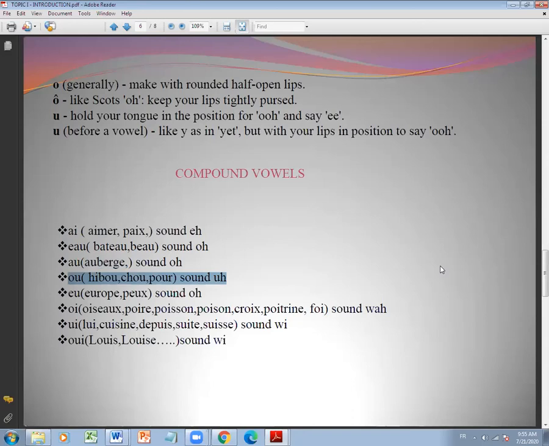So pour. Now hibou is this bird which is always associated with, I don't know, what do we call it? What's the name in English? I forgot. An owl.